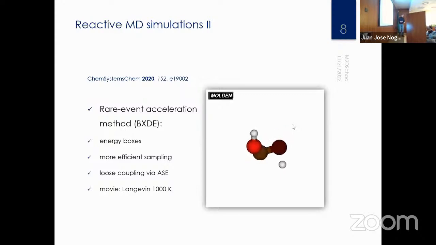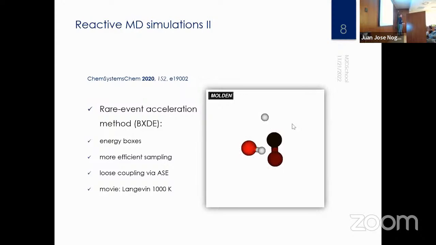We split the system into different boxes of energy, or windows of energy, from low energy to high energy. We start from the lowest energy box and do the dynamics there. We confine the system there, follow the dynamics, and sample all transition states there.